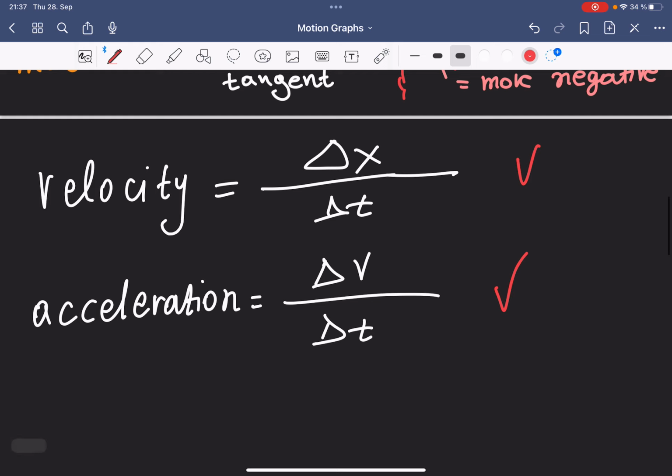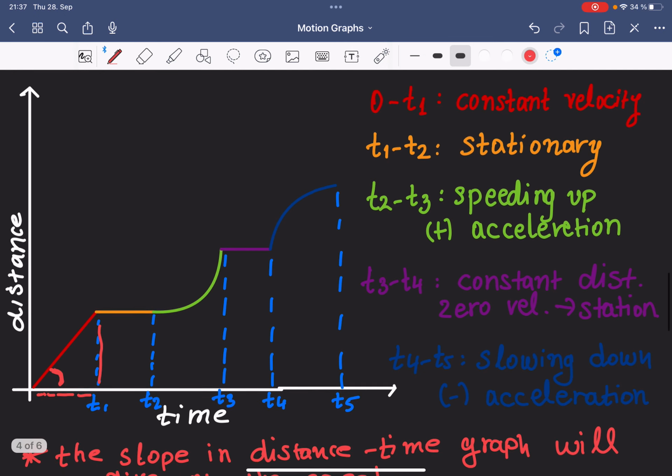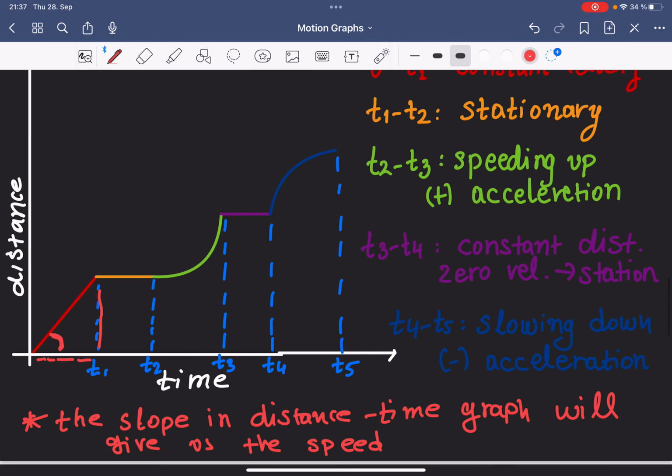Because we define speed and velocity as change in position, or the distance traveled, over the time. So this ratio, in other words the slope that you see here on a distance time graph, because this side is the distance and the x value represents time, gives you information about the speed.